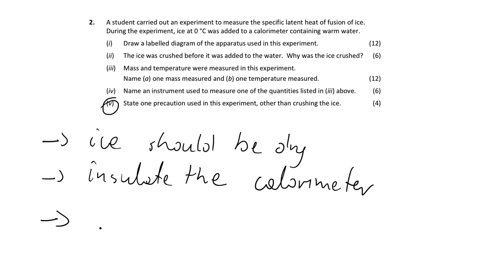Or we could say that we need to add ice quickly. All those precautions are there to prevent heat transfer from the water and ice mixture to the environment and vice versa, which would in turn skew our measurement and make it a little bit more inaccurate. And that's it for this question, and thanks for watching.